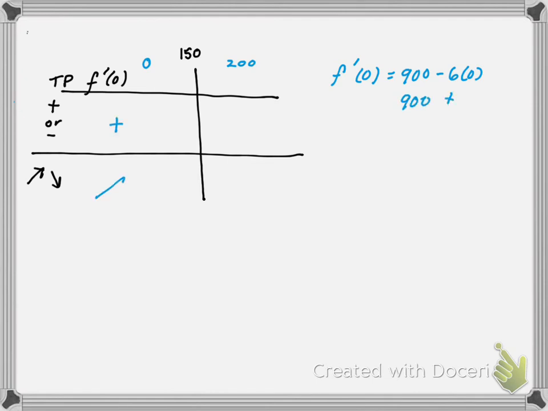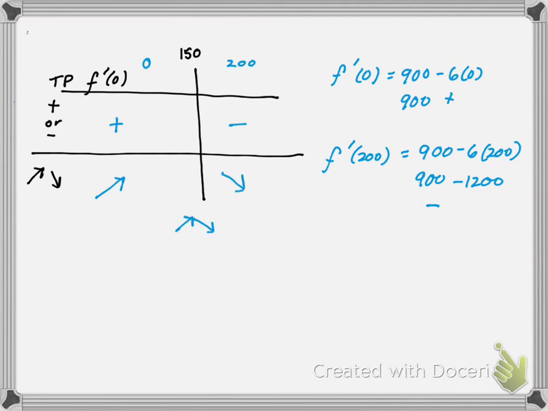So I know my function is increasing. Now, if I take the first derivative at 200, I get 900 minus 6 times 200. Well, 6 times 200 is 1200. So I get a negative here. So I know my function is decreasing. When you put these pieces together, you've got a max at 150. So we can conclude that that is the maximum.